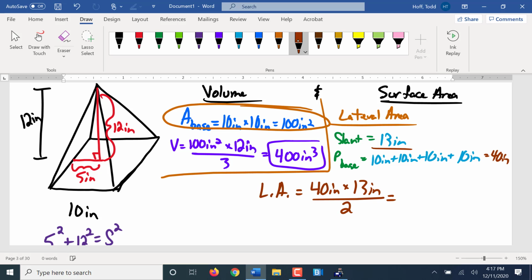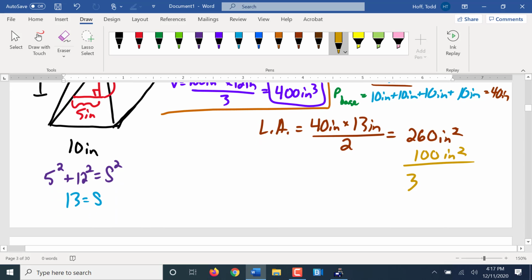And divided by 2, because it's an area, 2-dimensional. 260. So 260 square inches, what do we do with that? You always go back to the volume, but it's not the volume, it's the area of the base, the 100. So 360 square inches is our surface area.